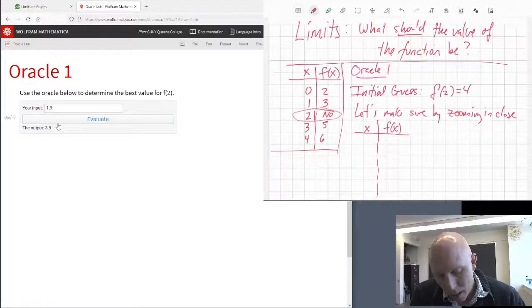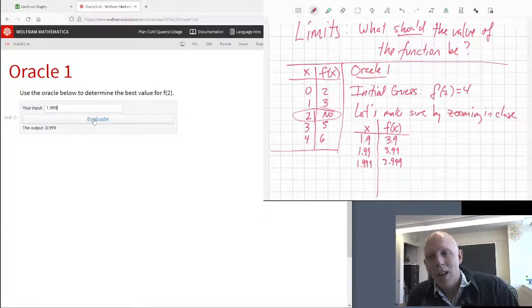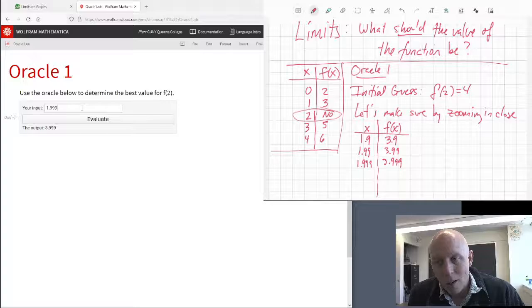If we plug in 1.9, we get 3.9. If we plug in 1.99, we get 3.99. If we plug in 1.999, we get 3.999. This really does feel like as you get closer and closer to 2 on the lower side, we get closer and closer to 4.